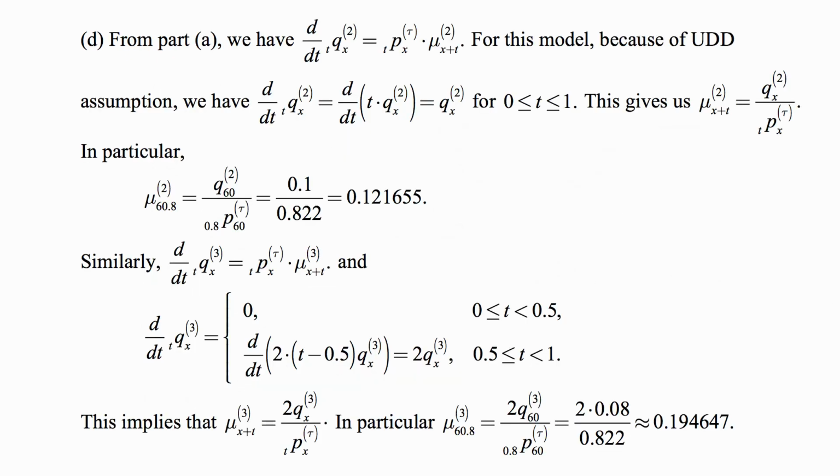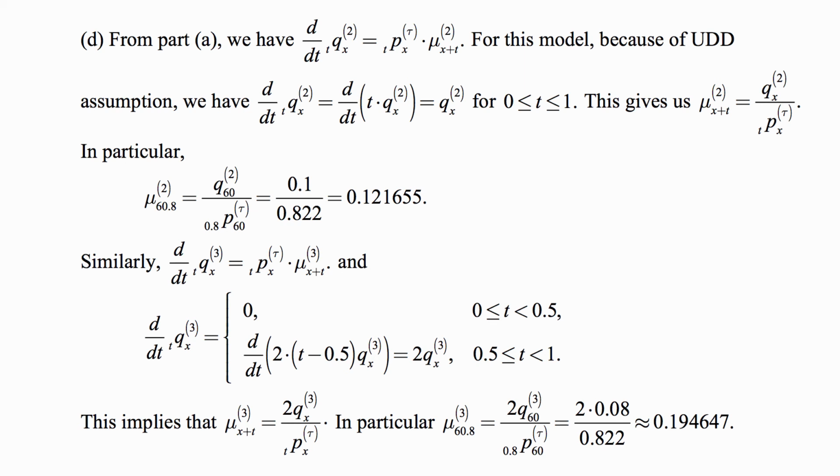For part D, from part A we have d over dt tqx upper 2 is tpx tau times mu x plus t upper 2. For this model, because of UDD assumption, we have for the second decrement the derivative of tqx is just qx upper 2.